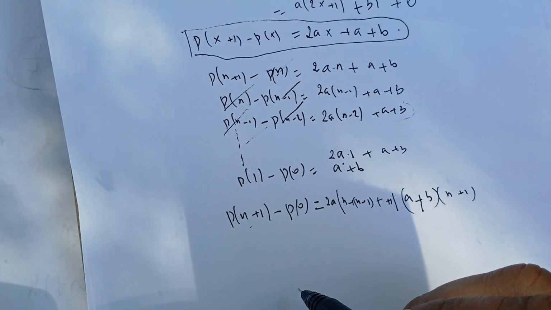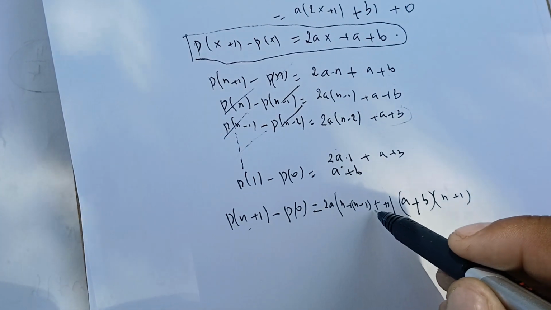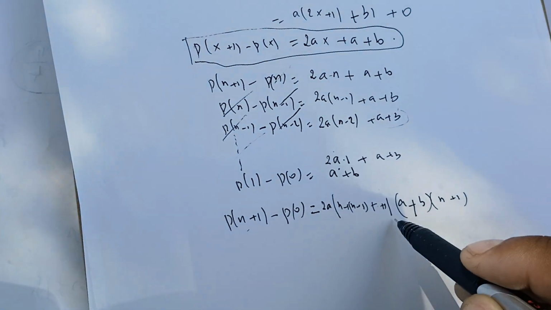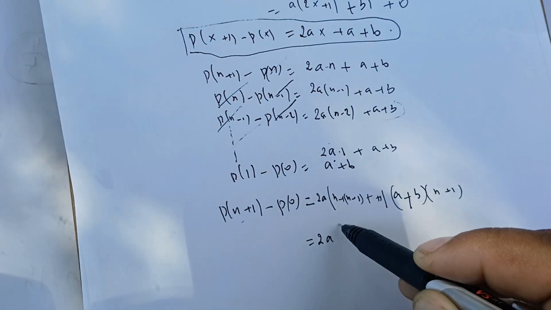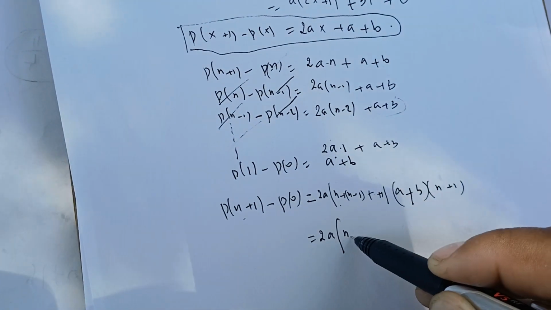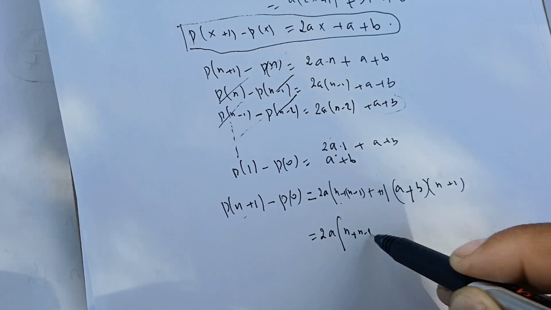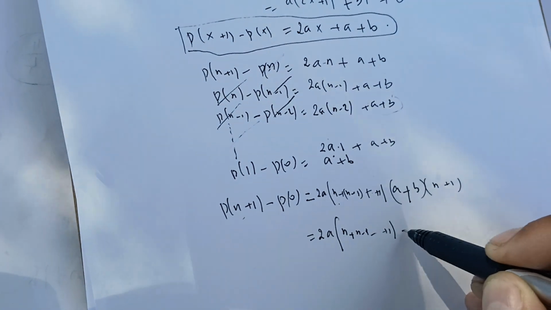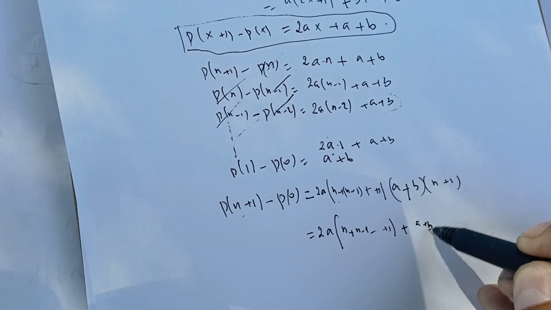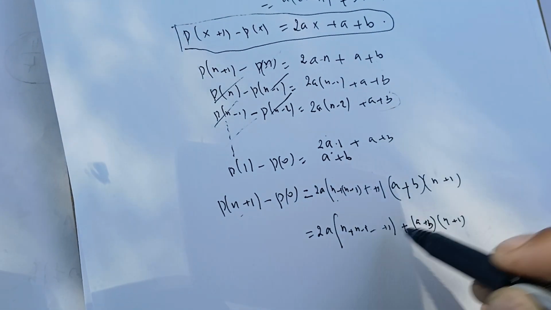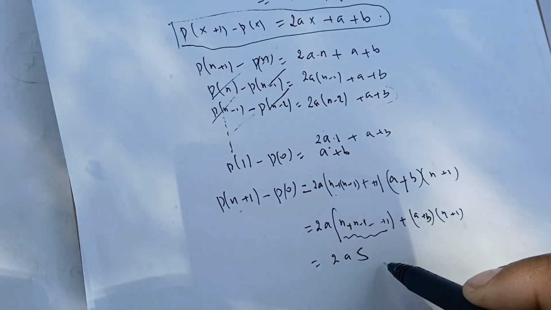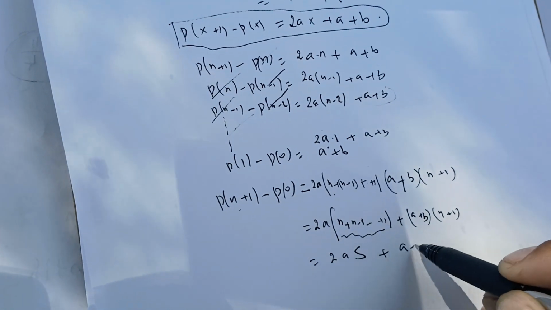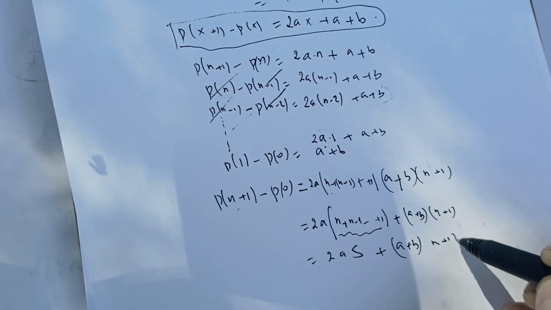Okay, so now we can see that this sum, n plus n minus 1 plus up to 1, is our sum. We're gonna call it s: 2a times s plus (a plus b) times (n plus 1).